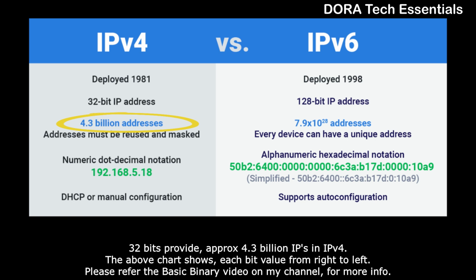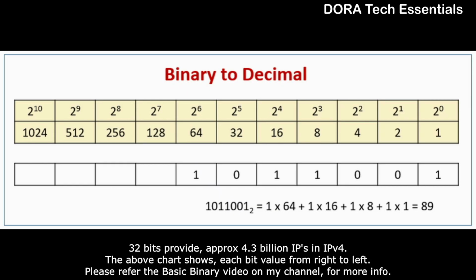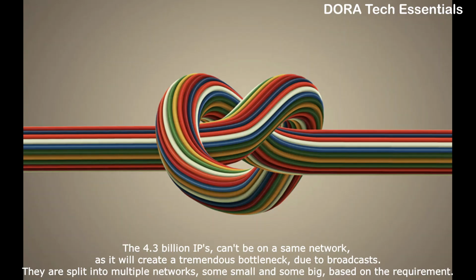The above chart shows each bit value from right to left. Please refer to the basic binary video on my channel for more info. The 4.3 billion IPs can't be on the same network, as it will create a tremendous bottleneck due to broadcasts.